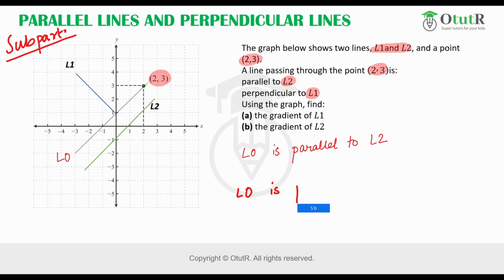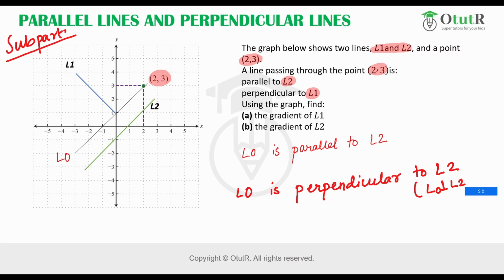L0 is perpendicular to L1, often represented like this. Sorry, it's going to be L1. Okay, done.